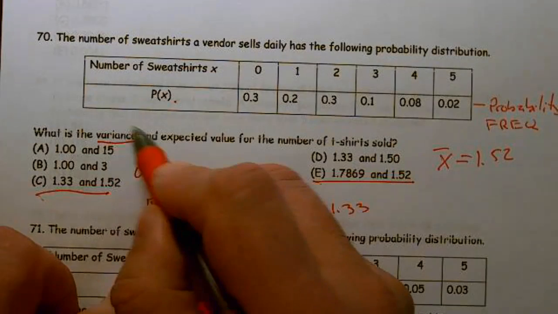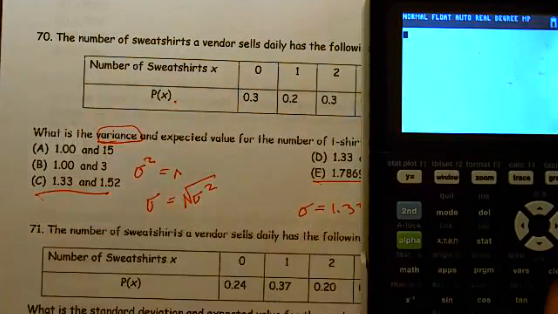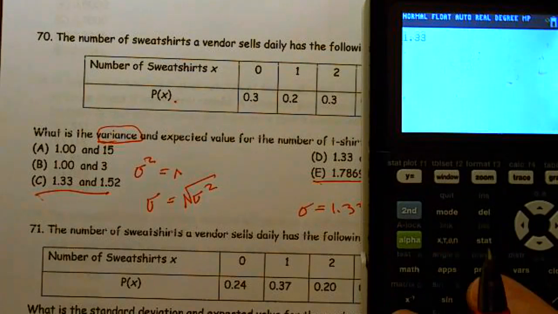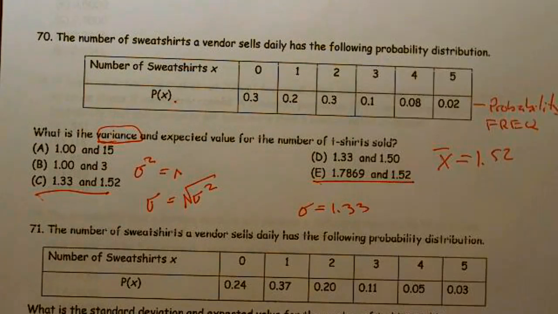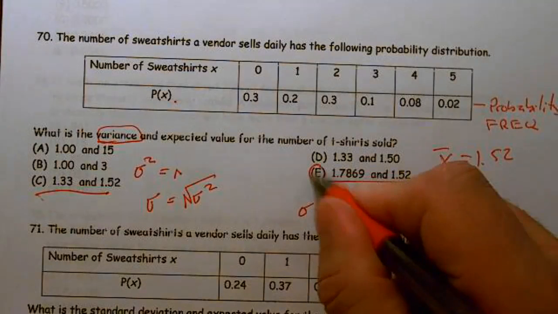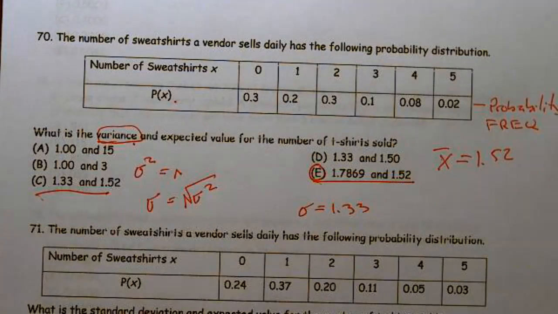They asked for the variance, so I need to square this. Second, quit, 1.33. I square it and get 1.78, or 1.7689. So in this case, my answer is letter E. Please be careful whether they ask for the variance or the standard deviation.